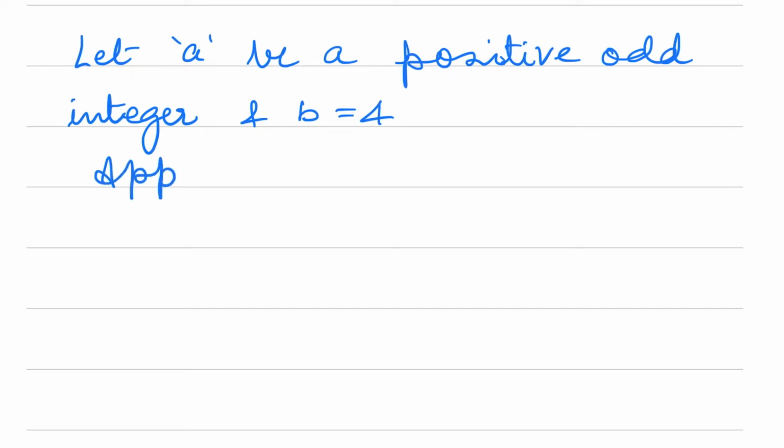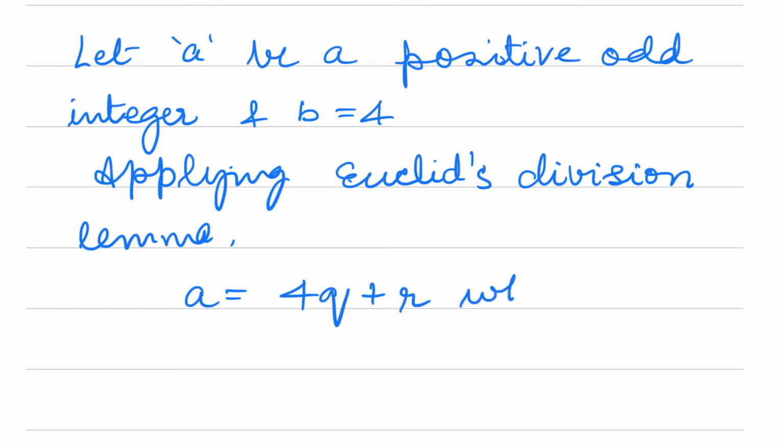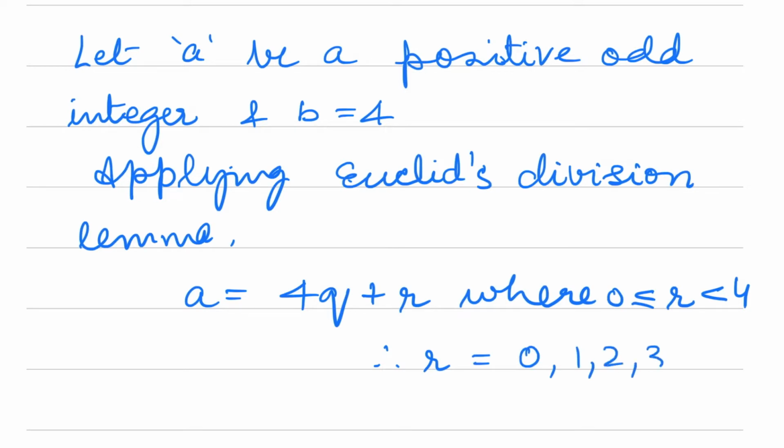Now on applying Euclid's division lemma, we have a is equal to 4q plus r, where r is greater than or equal to 0 and less than 4. So therefore r will be equal to 0, 1, 2, 3.